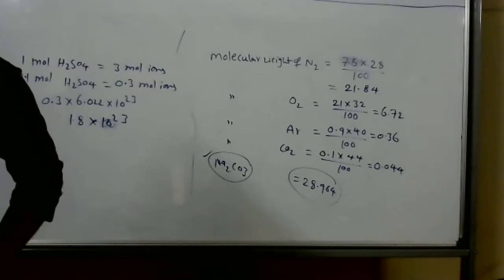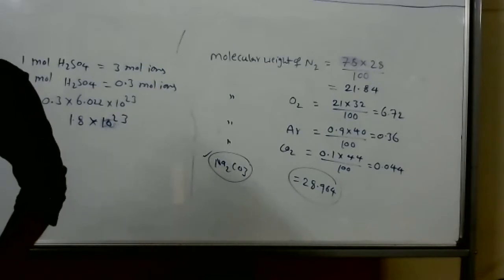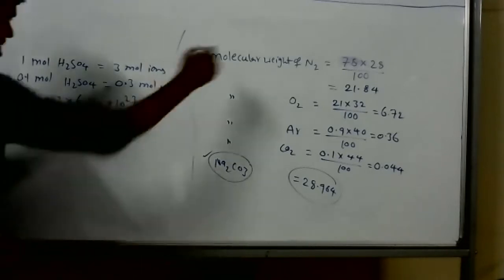First of all, calculate the molar mass of the element, then we can calculate the number of moles easily. One atom mass is given as 6.643 into 10 power minus 23.